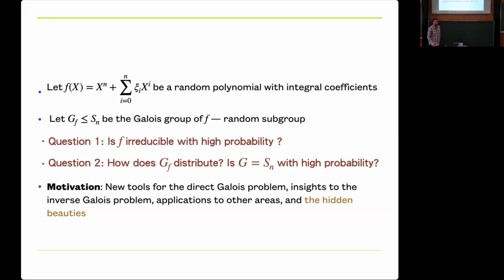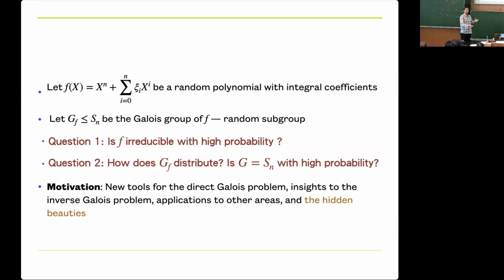the general question. And I want to talk a bit about motivation. One of the practical motivations for this study is that it produced new tools in Galois theory. There are two basic questions: the inverse Galois problem, which is interesting because we don't know how to solve it, but it's not so interesting for application. And there is the direct Galois problem.